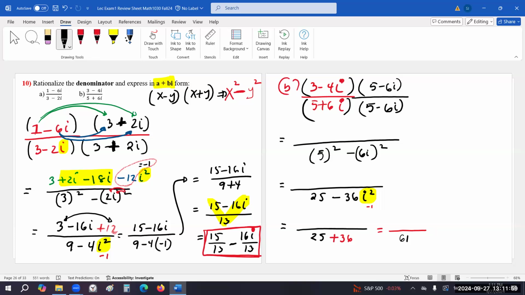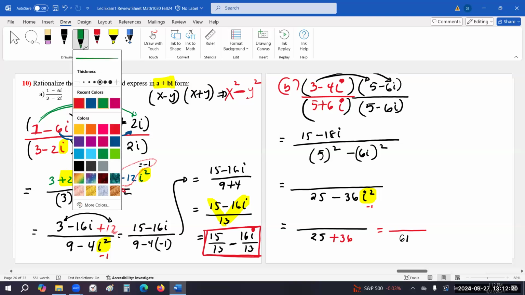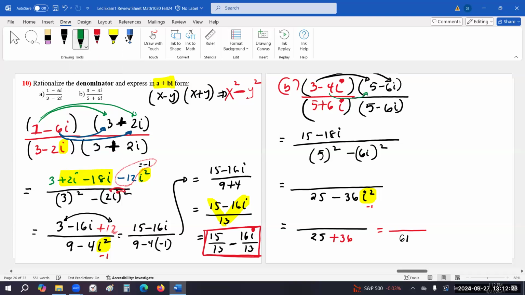Cindy, would you like to try the numerator? So you have 15, and then 3 times negative 6i, negative 18i. Then you go the other way around: negative 4i times 5, minus 20i, and positive 24i squared.